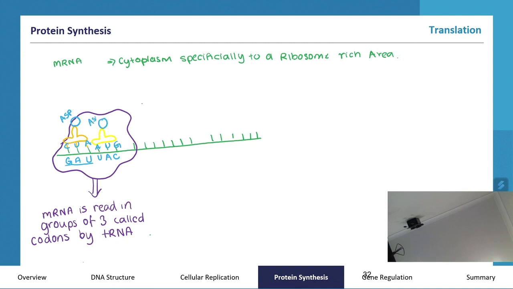So we still have our ASP. This orange one from before breaks off, hands the ASP to the next one, and then the next anticodon will produce a TYR amino acid.